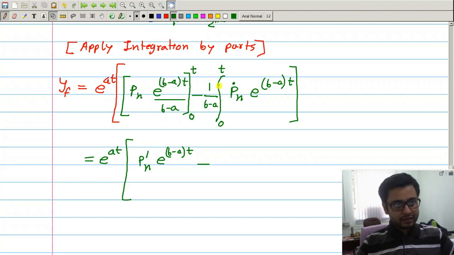Then this minus 1 by b minus a, integration of this part, let me keep it as it is.